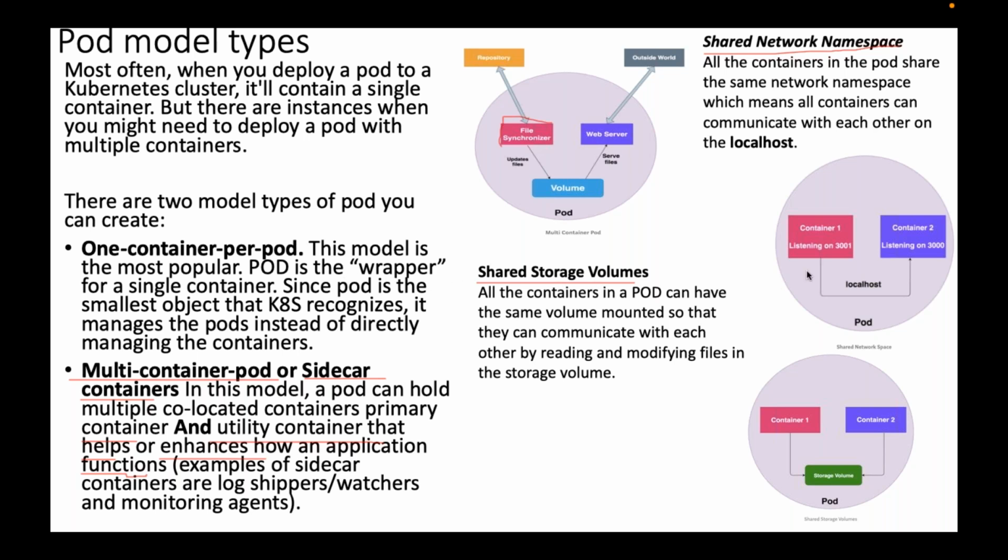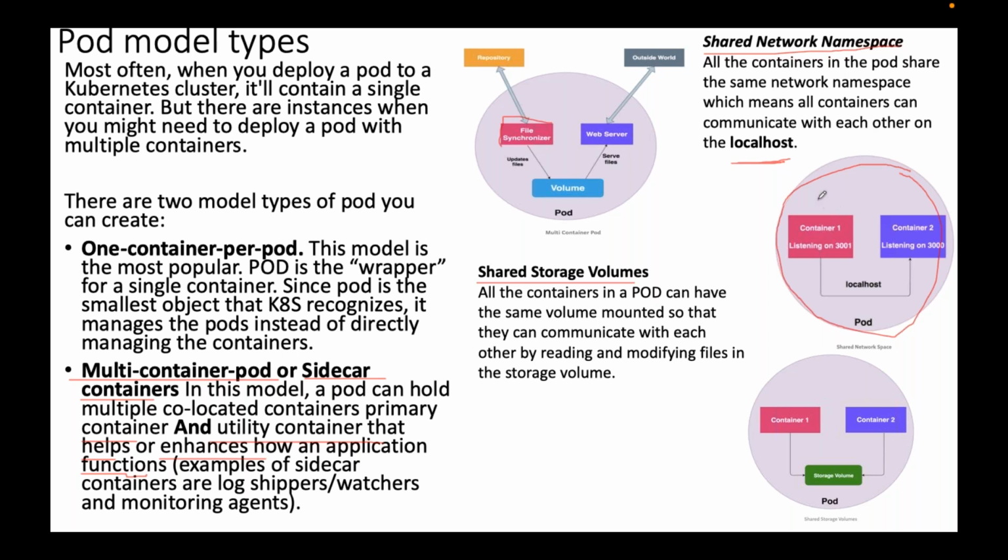Then how can they communicate? If they are running in the same pod, they are sharing the same network space, so they will be able to communicate with localhost. Pod is a logical unit of containers.